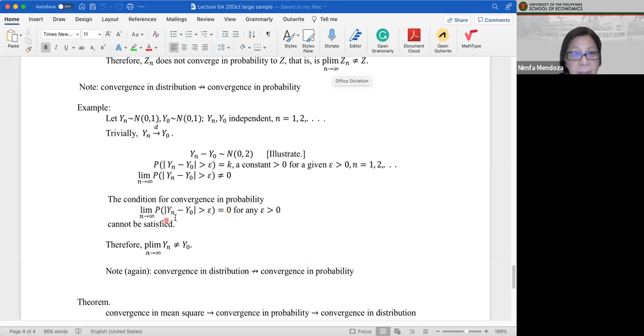Now, look at the condition for convergence in probability. It is this. Let's look at the probability of y sub n minus y sub 0 greater than epsilon. This would be equal to some constant k greater than 0 for any epsilon greater than 0.